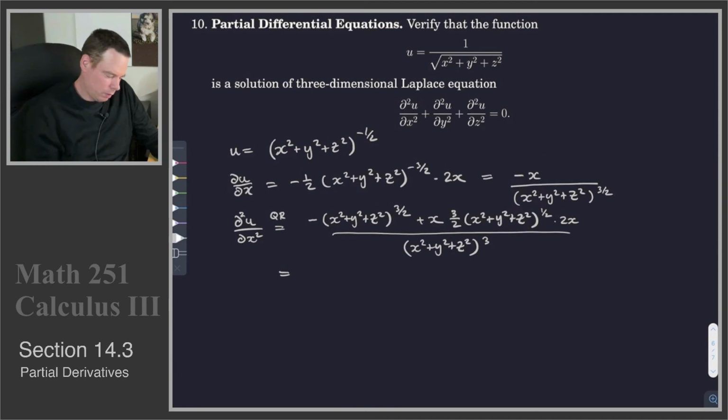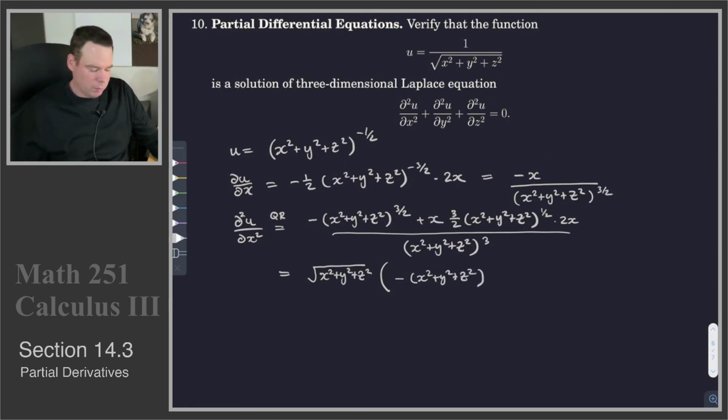Now what do I notice? I can factor out a square root from both. So I'll factor out an (x squared plus y squared plus z squared). In the first term, it's still there as an (x squared plus y squared plus z squared), because I'm just looking at 3/2 as 1 plus a half. That's all I've done here, and I've got the power of 1 that I've just written down, and the half is the square root that I pulled out front.